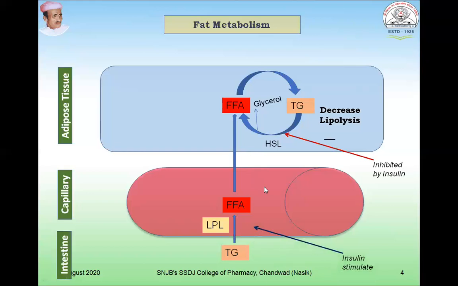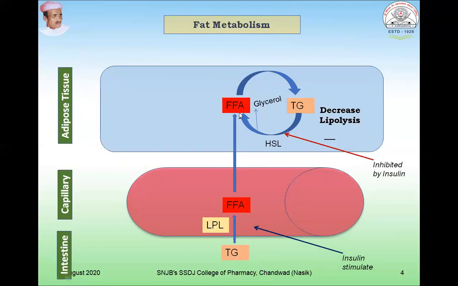Now, what will insulin do? Insulin promotes or stimulates the enzyme lipoprotein lipase, therefore making free fatty acid available from the bloodstream for formation of triglyceride in the adipose tissue. If you see the figure, insulin stimulates the lipoprotein lipase, therefore triglyceride is converted into free fatty acid.